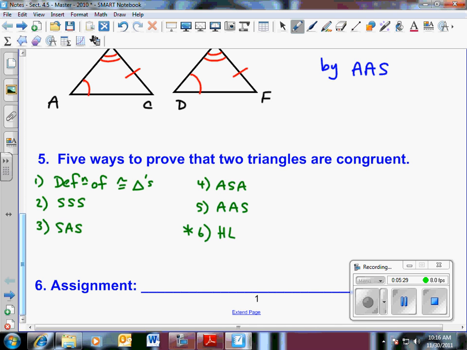Okay? Now there's one more acronym that you have to be aware of here. I wish I had more room here. Let's do this. Let's go triangle ABC congruent to triangle XYZ. Okay, after you prove two triangles are congruent, this is very important. After you prove two triangles are congruent, the reason that angle A is congruent to angle X, the reason that angle B is congruent to angle Y, the reason that angle C is congruent to angle Z, okay?